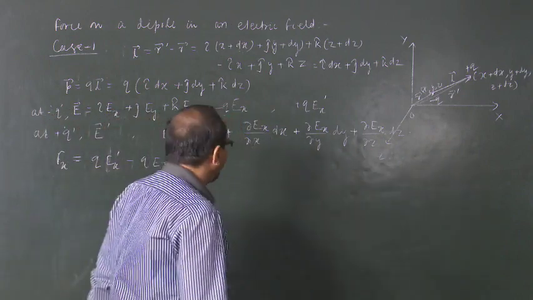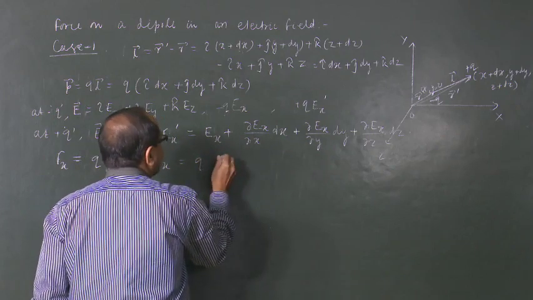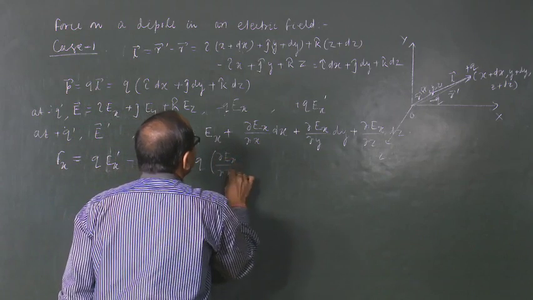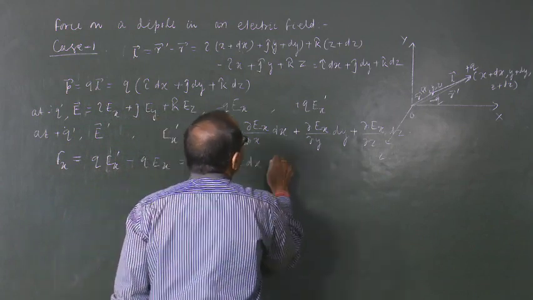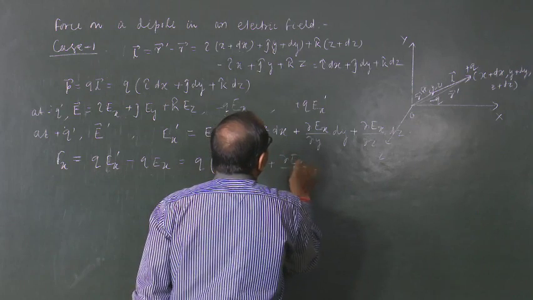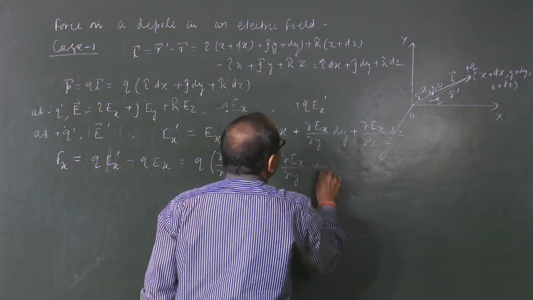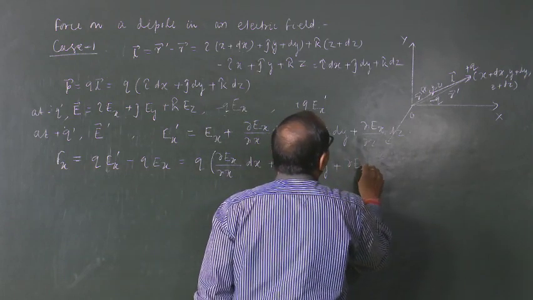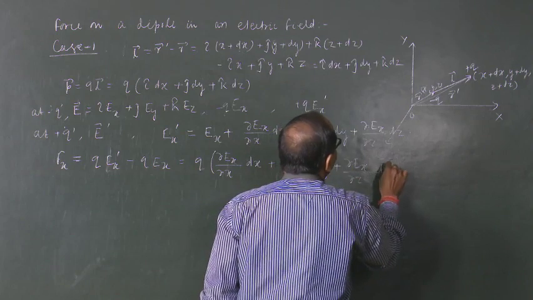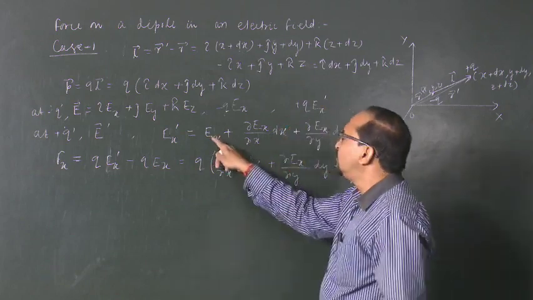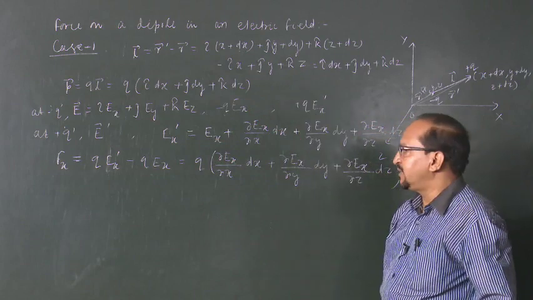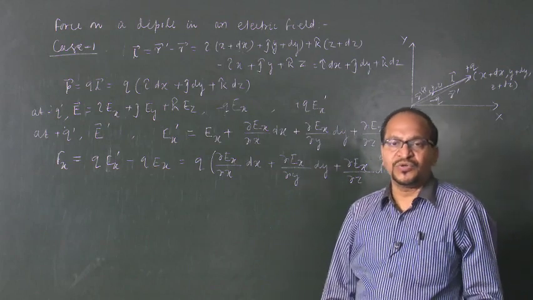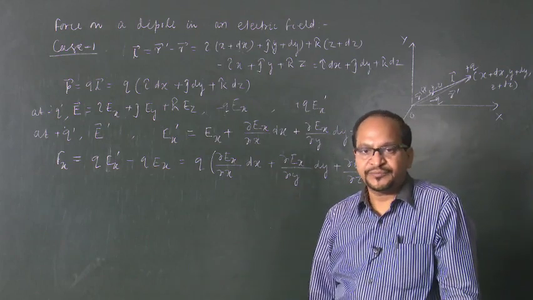So this will be equal to q into del E x by del x into dx plus del E x by del y into dy plus del E x by del z into dz, because q E x minus q E x cancels. This is the x component of the total force acting on the dipole.